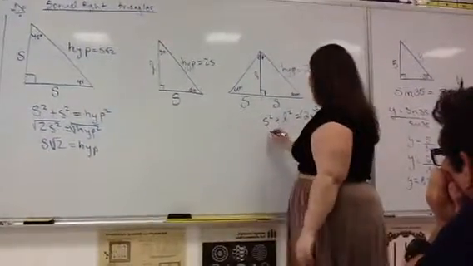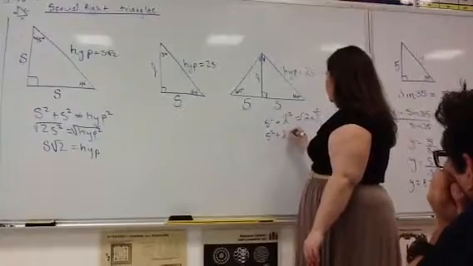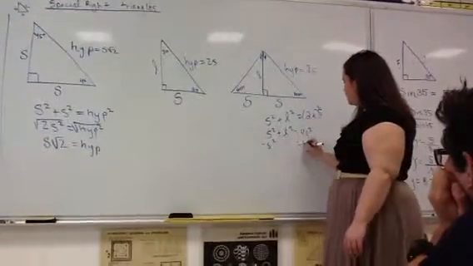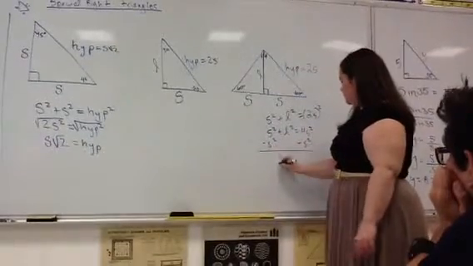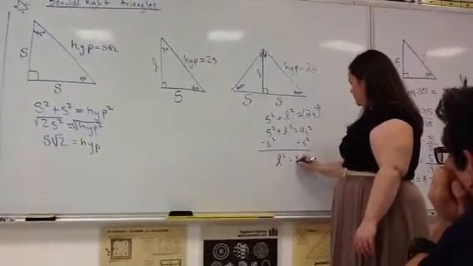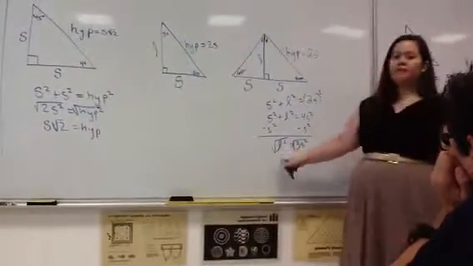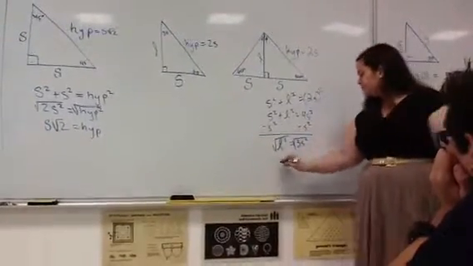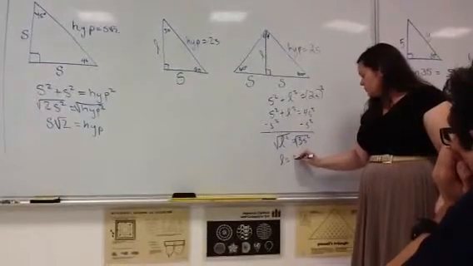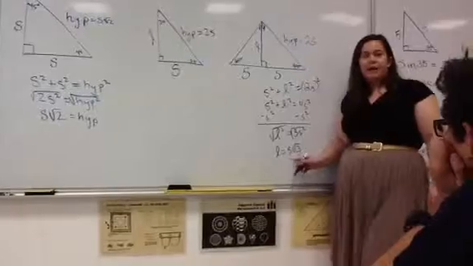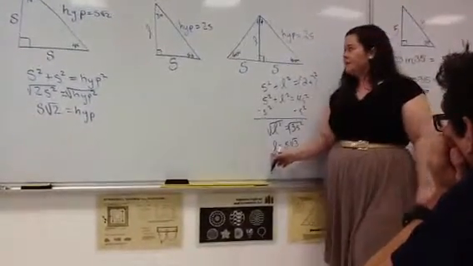So we have s squared plus L squared is equal to 4s squared. Take the square root to find L. That's how we get the short leg multiplied by radical 3 is the long leg.